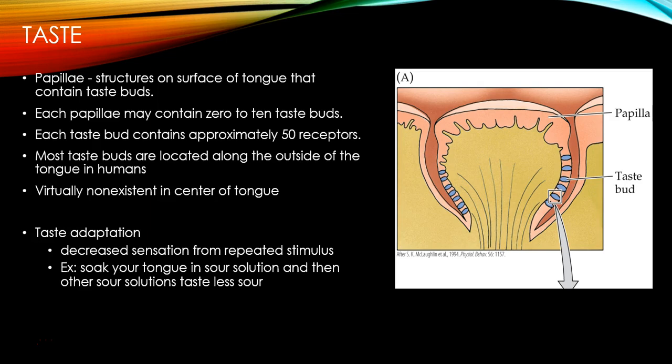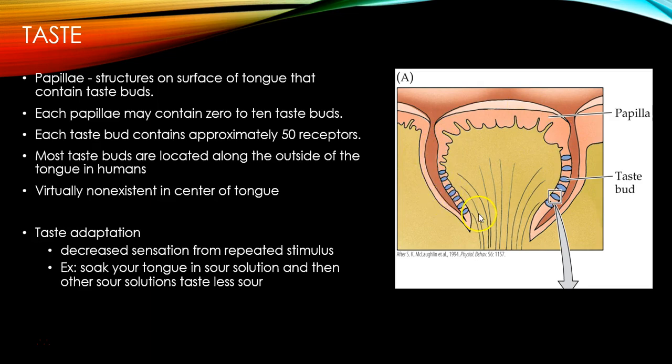So we have these kind of bumpy structures on our tongue, the papilla. Those are just ways to basically increase the surface area on your tongue. And your taste buds, you can see these little blue taste buds, are contained on these kind of bump-like structures.